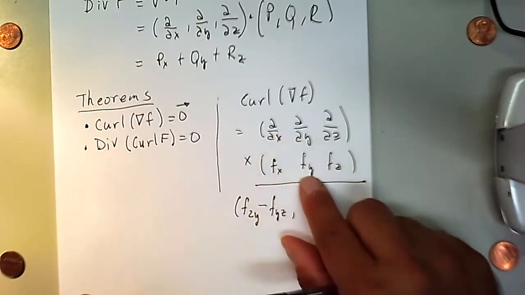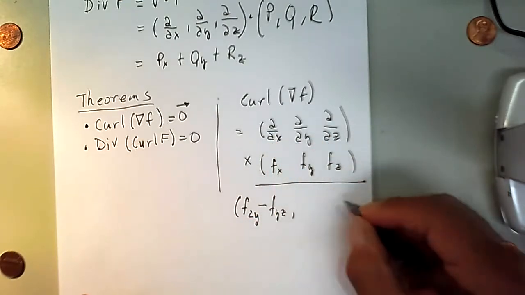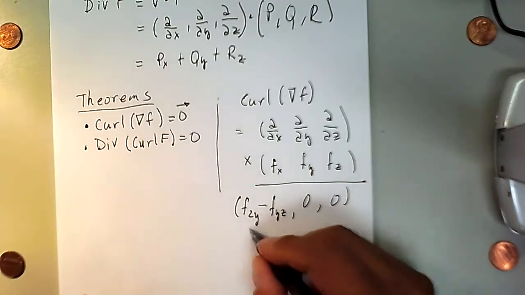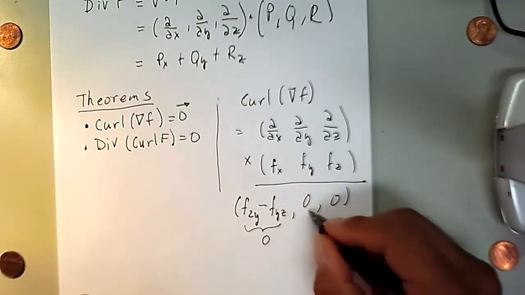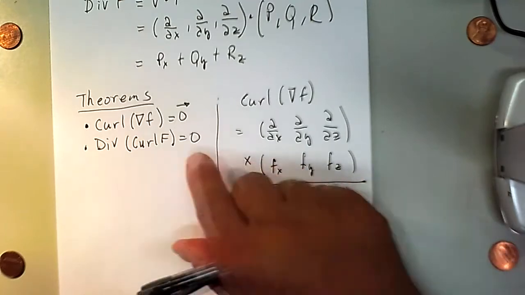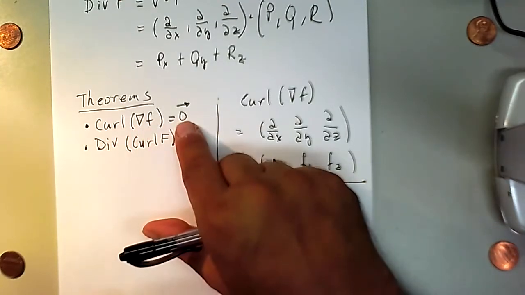And then xy and xy. So we're going to end up with 0 and 0. This is, again, very informal. This part, of course, will be 0. And likewise, there's going to be 0 across. So that's why the curl of the gradient of a function is going to be the 0 vector.